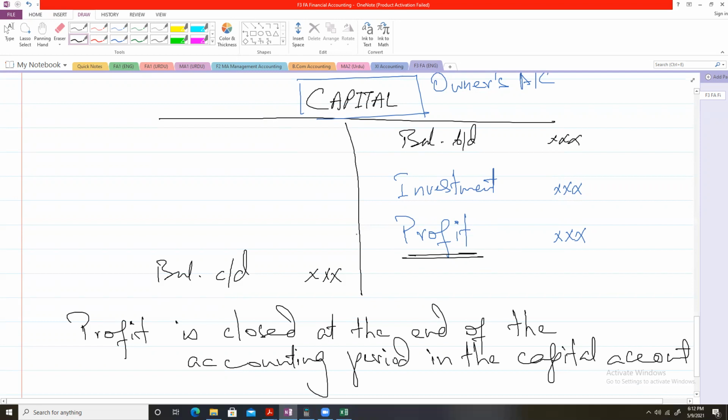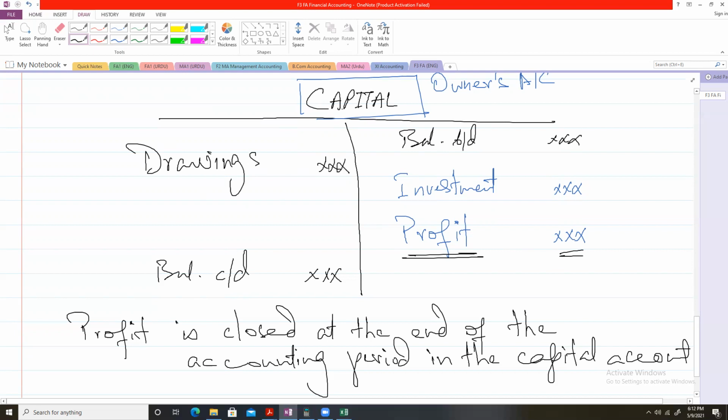This means that when a business makes profits for its owners, the capital account of the business increases. So we credit the capital account with the profit made by the business. On the debit side, we have drawings made by the owner. Why?